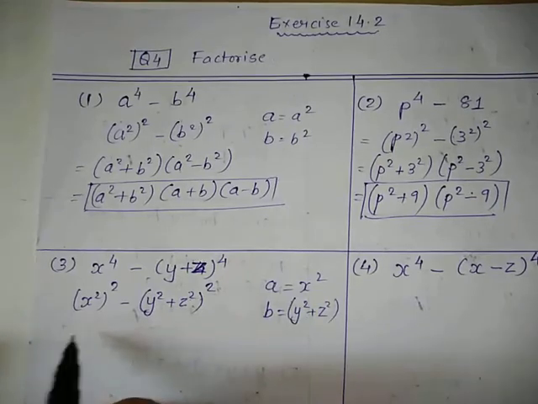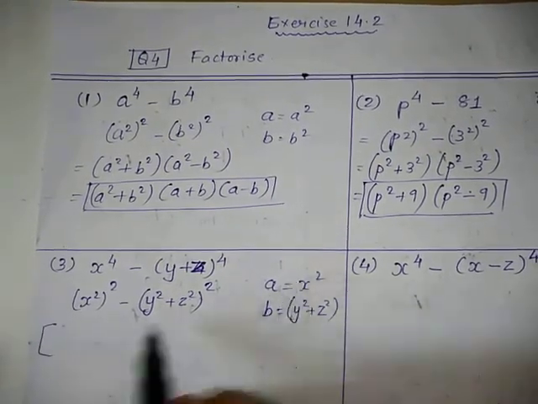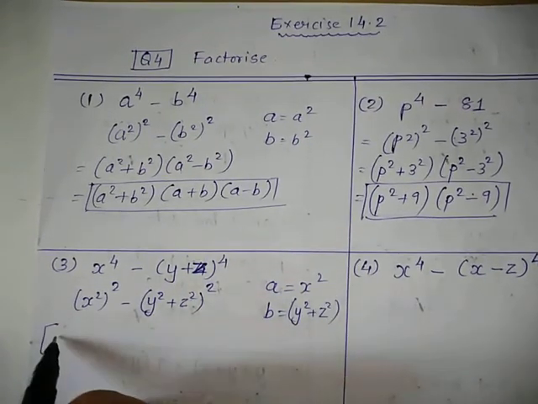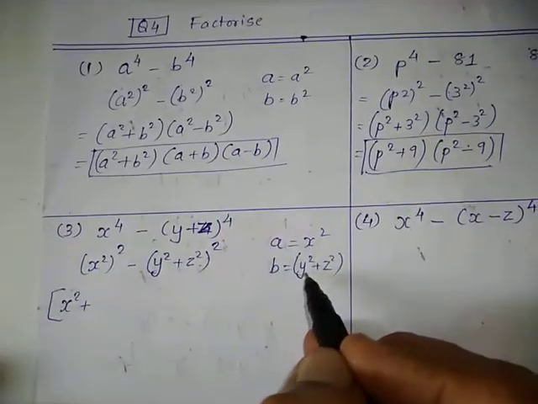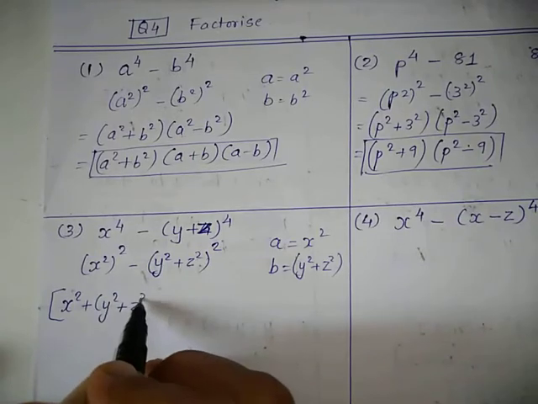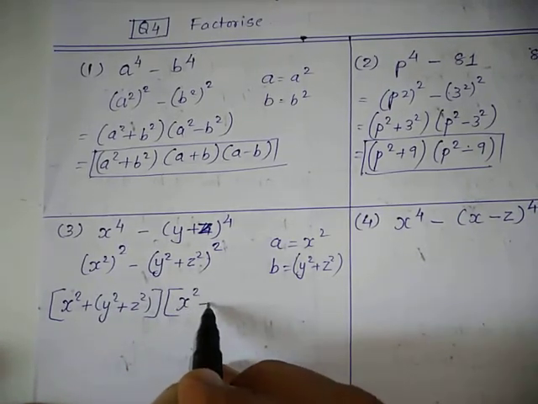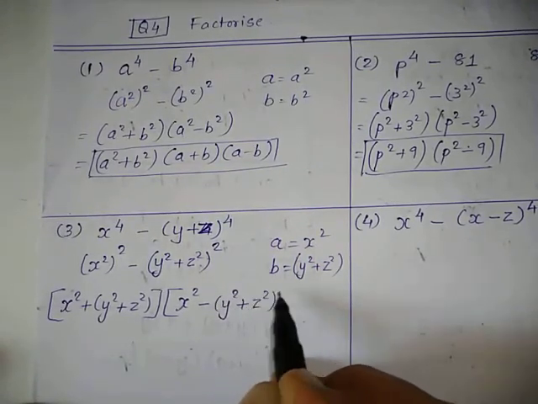So we will write one bracket plus and one bracket minus. So it will be x square plus b, which is y square plus z square. And in the second bracket x square minus y square plus z square, that is b.